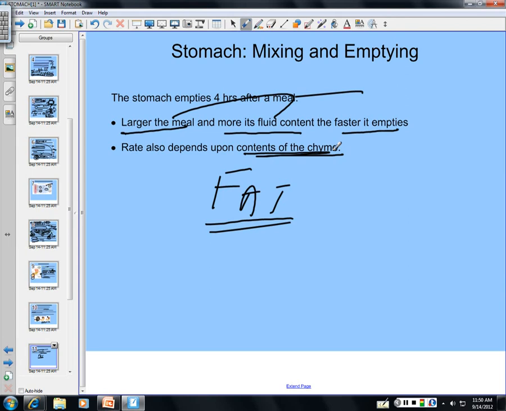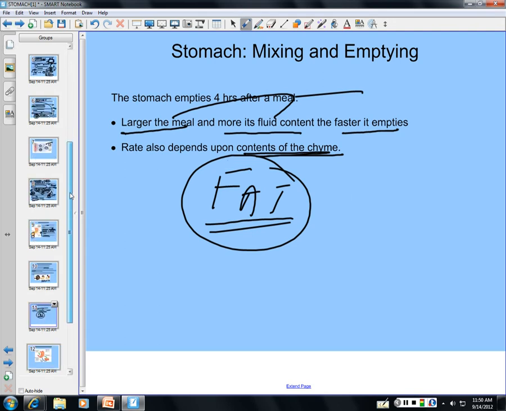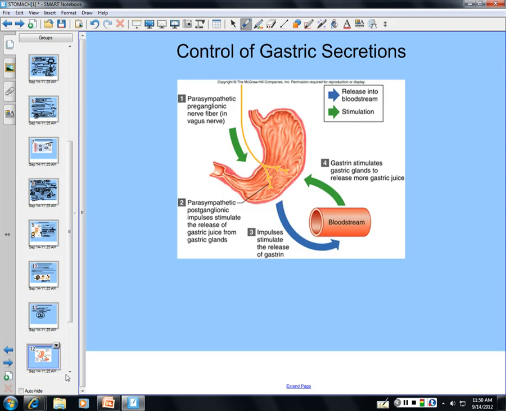This is why when you eat very fatty, fat-rich food, you remain full for a long time. You don't feel like eating afterwards. It's because the emptying is going to be very slow, and we know the reason: lipid digestion is very little and very slow in the stomach.